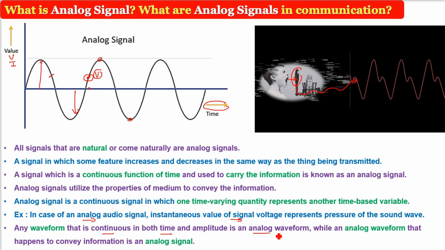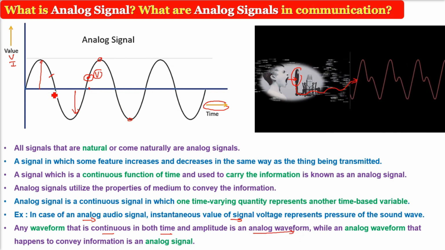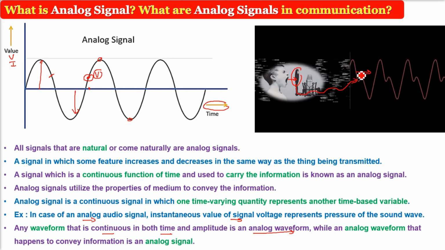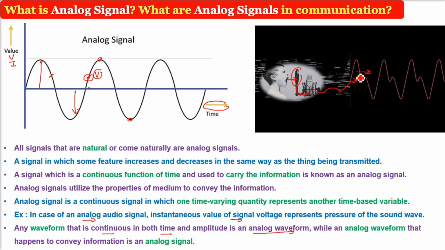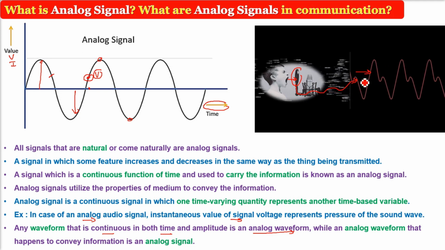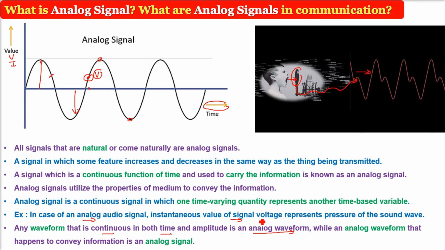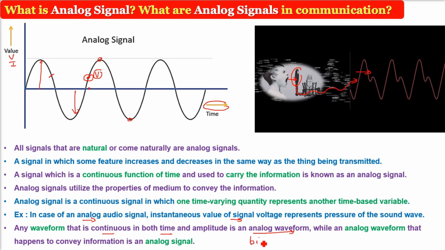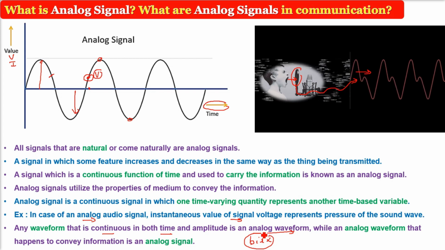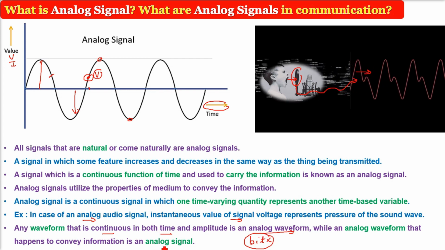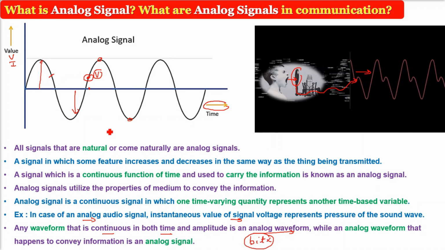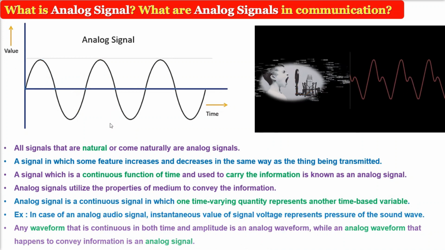Now this waveform is called an analog waveform because it is continuous in both time and amplitude, right? So the sound waves you see here make a waveform which is an analog waveform. While an analog waveform that happens to convey information is an analog signal. It is not bits or bytes here. Okay, please remember. An analog waveform that conveys information now becomes an analog signal.